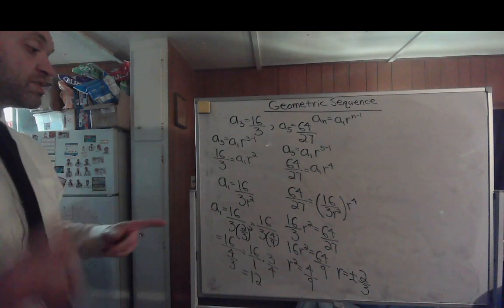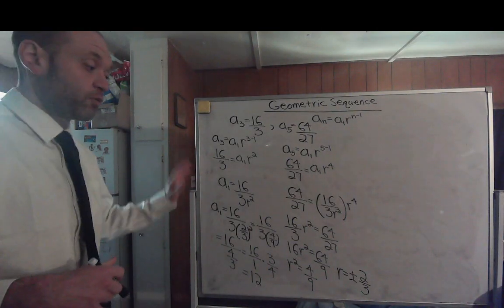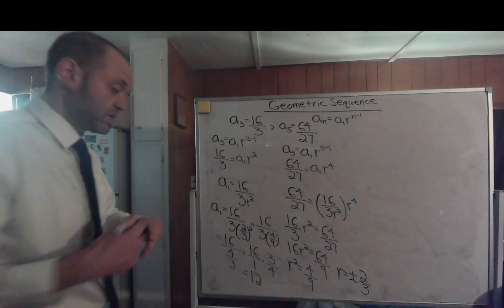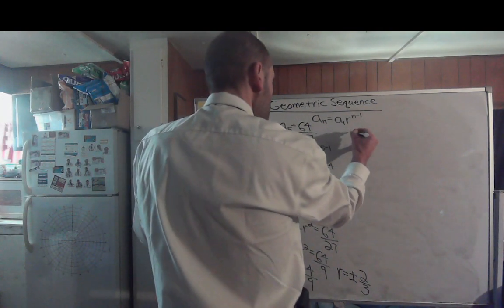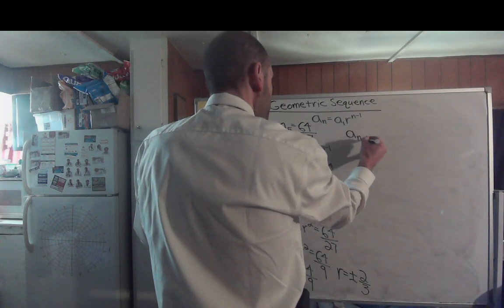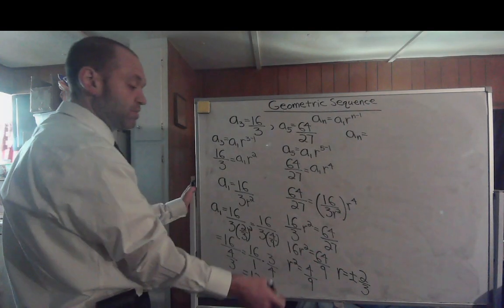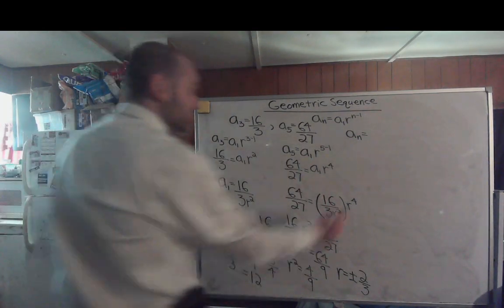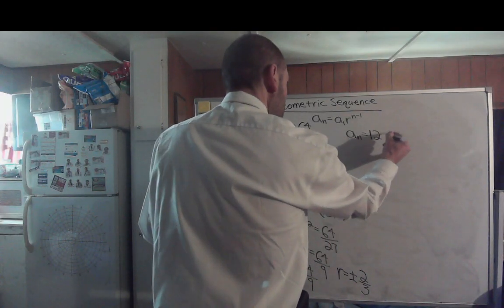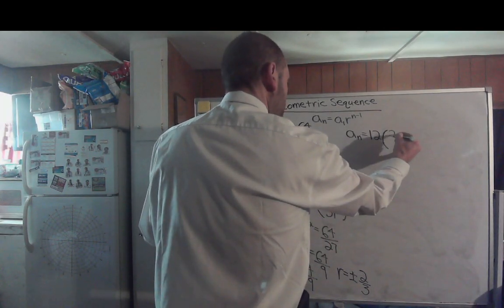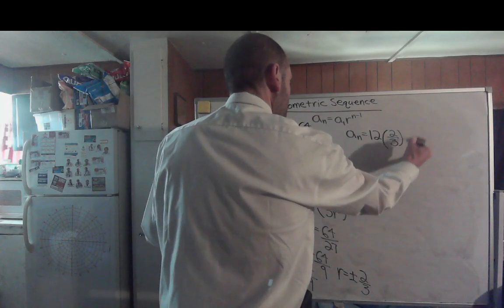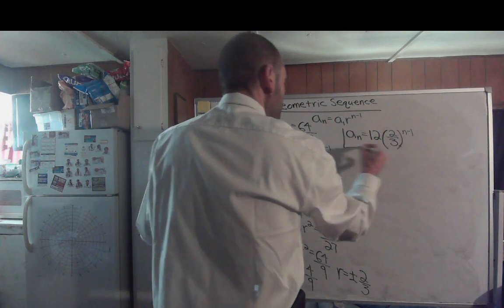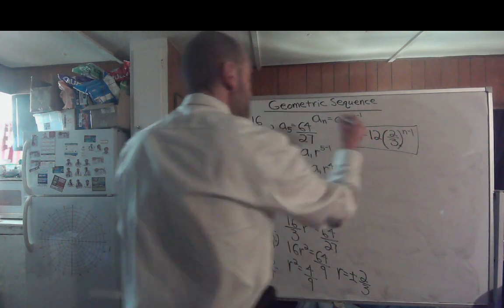So let's find the explicit formulas for this sequence, simply for the fact that we have two common ratios. So a sub n for the positive common ratio of 2/3 is going to equal my a sub 1, which is 12, times my common ratio of positive 2/3 to the n minus 1 power. That's for your positive.